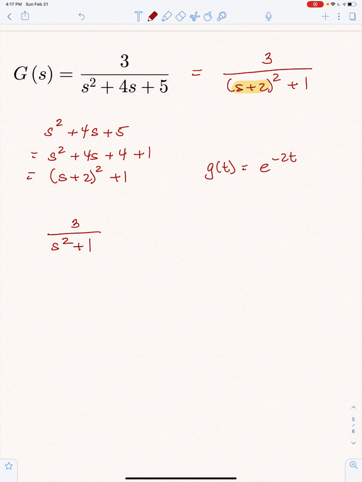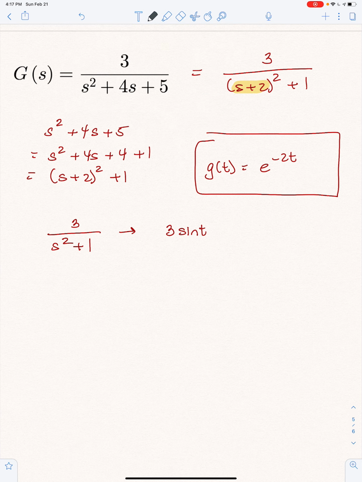Now, luckily, that one is very recognizable. We know that sine of t has transform 1 over s squared plus 1. So this is 3 times the sine of t. So what does that mean? It means that my g of t is e to the negative 2t, I'm going to put this in a different color so you see where it comes from, times 3 times sine of t. Okay, and that's our original function.